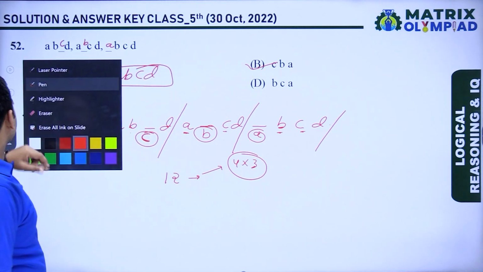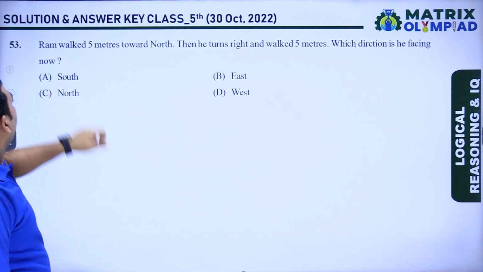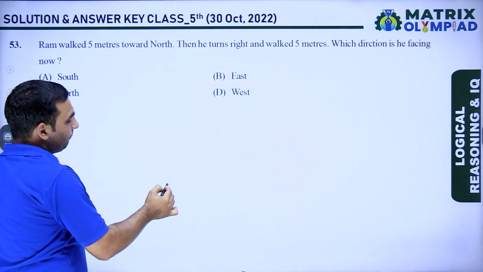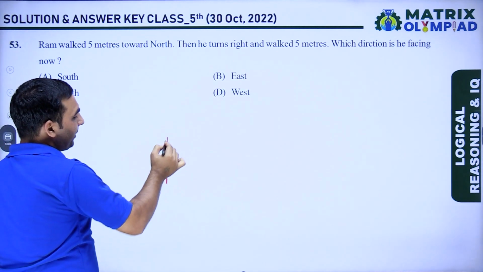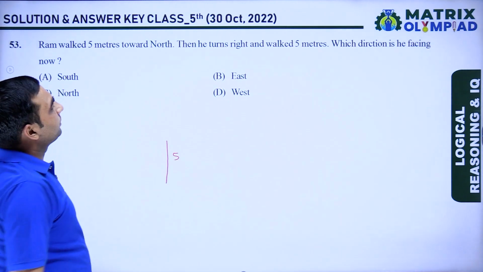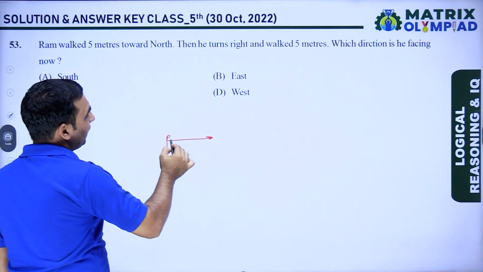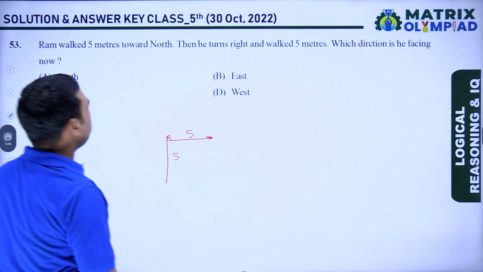Next question is, Ram walks 5 meters towards north. Then he turns right and walks 5 meters. Which direction is he facing now?